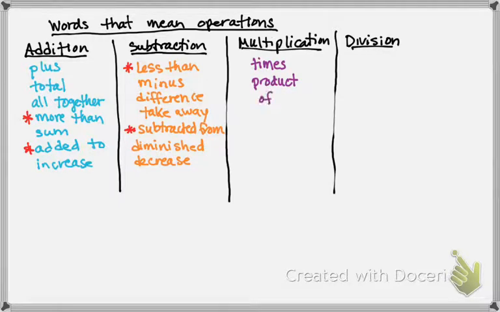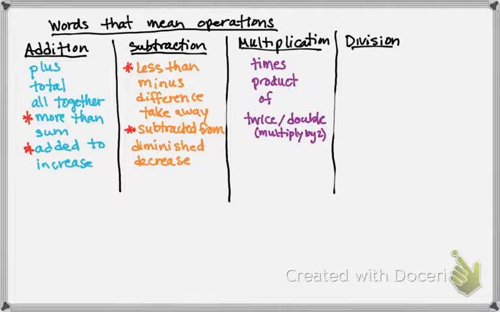Of sometimes means to multiply. And then we get into words that tell us not just to multiply, but to multiply by a specific number. So twice and double, and they tell you to multiply by 2. And there's other ones. There's ones that tell you to multiply by 3, by 4, okay?